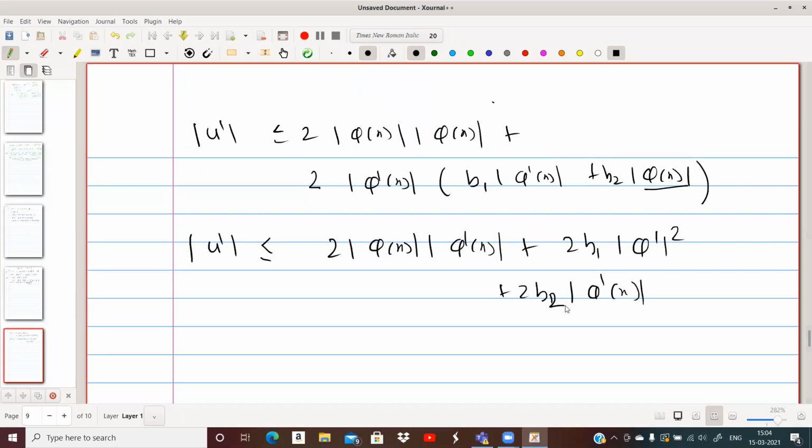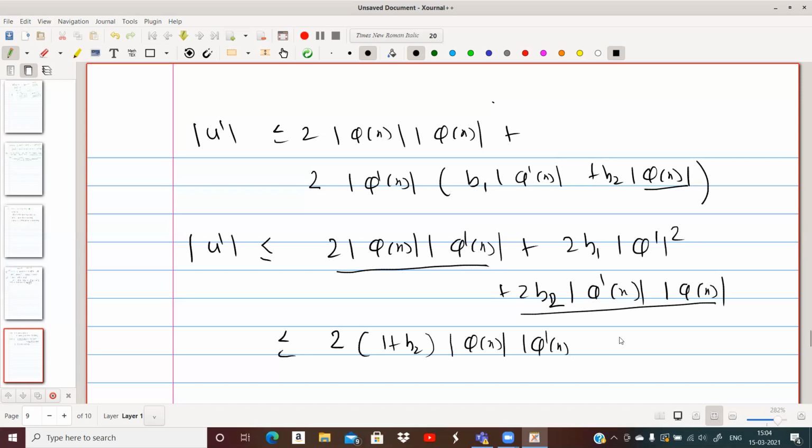Sorry, there should be 2 times b2 phi dash x magnitude and phi of x after opening the bracket. This can be further simplified. Look at these two terms: the phi of x magnitude and phi dash x can be taken common, and 2 is also taken common. So 2 times 1 plus b2 phi of x multiplied by phi dash x, plus 2 times b1 magnitude of phi dash squared.